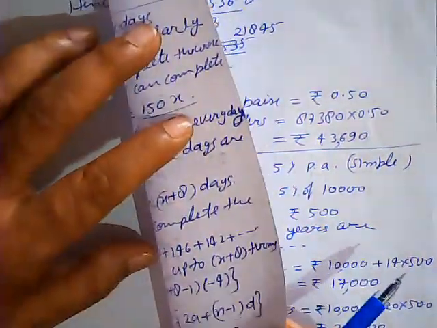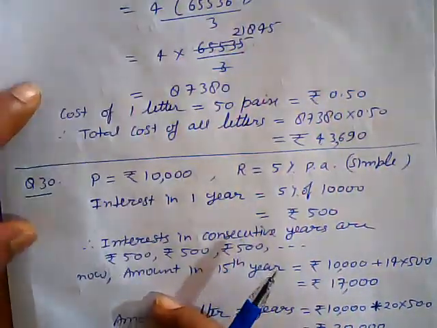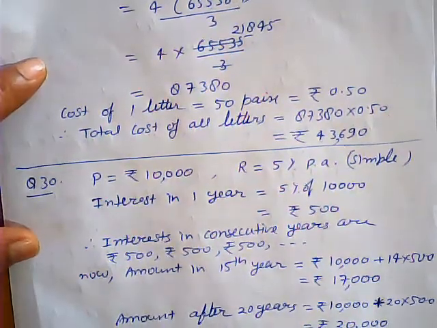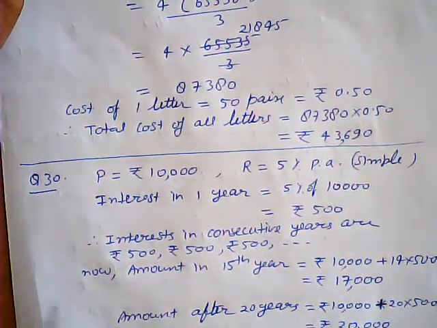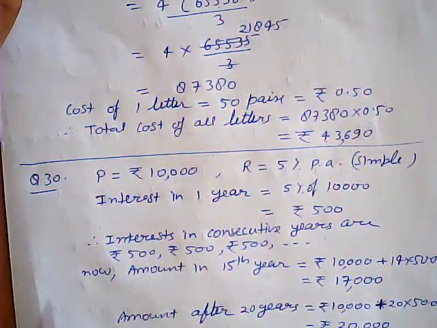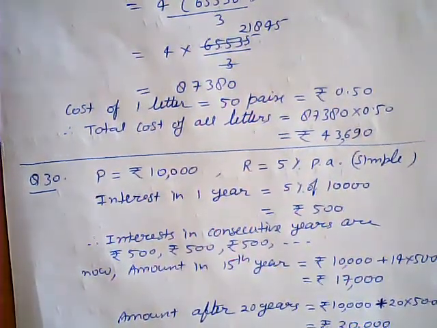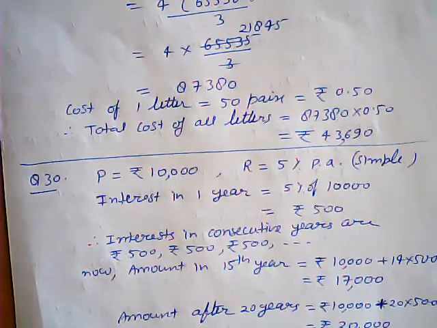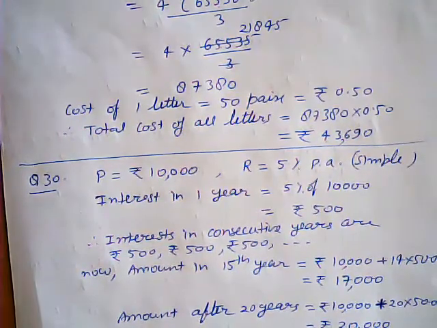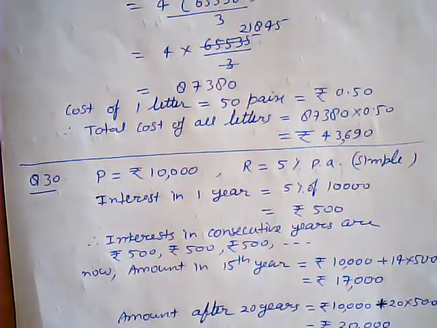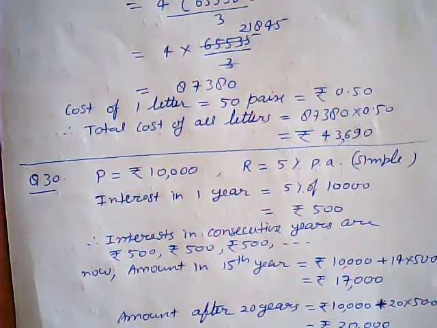Now come to question number 30. A man deposited rupees 10,000 in a bank at the rate of 5% simple interest annually. Find the amount in 15th year since he deposited the amount, and also calculate the total amount after 20 years.